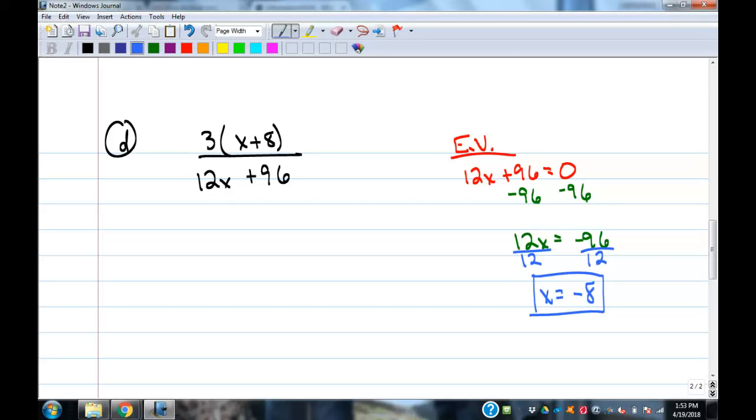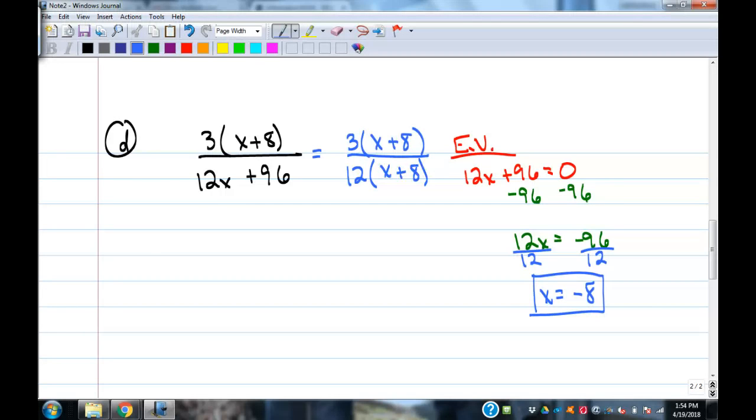Absolutely. That's what we're looking for. What is the GCF of 12x and 96? 8 doesn't go into 12. 12 goes into 12, and 12 goes into 96 how many times? That's where that 8 is coming from, right? So 12 parentheses. What's left in the parentheses? x plus 8.